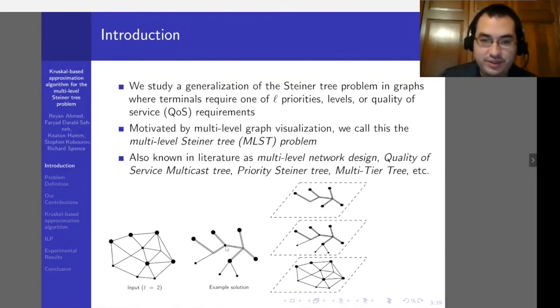In the example solution, we see that the terminals that require a higher priority are connected using higher quality edges. The figure on the right gives an equivalent multi-level visualization of this solution with the input graph on the bottom. We'll define the problem a little bit more formally in the upcoming slides.